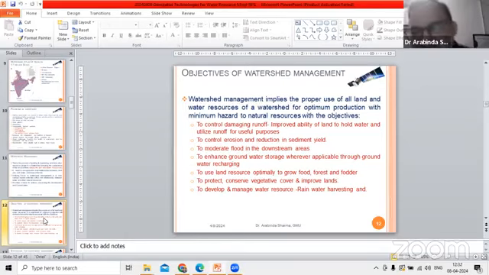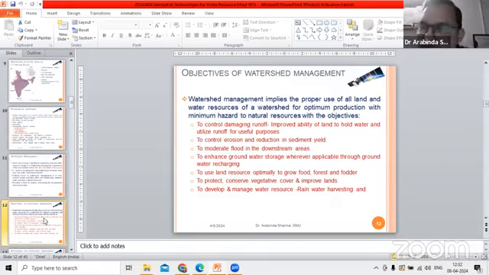The main objective is to manage the land and water in a proper way, so that the subsequent effect, like if you are not able to manage water, what will happen? In rainy season, we will face flood. In pre-monsoon times, we will face a drought-like situation, water scarcity-like situation. So that is why the main objective of watershed management is to manage the land and water properly.